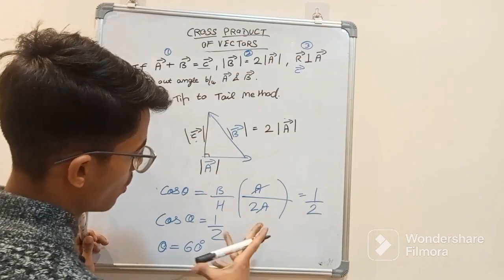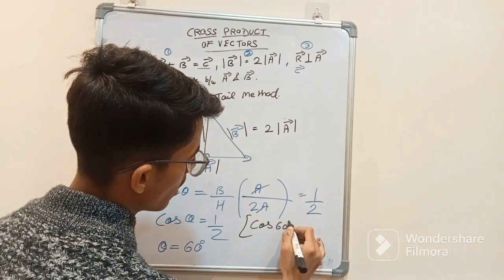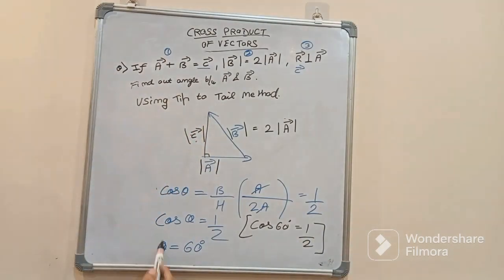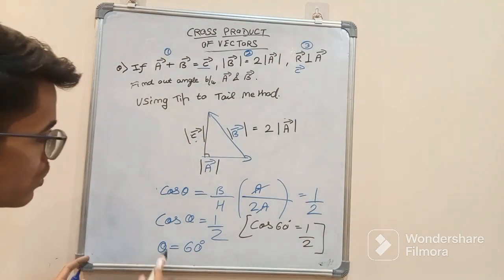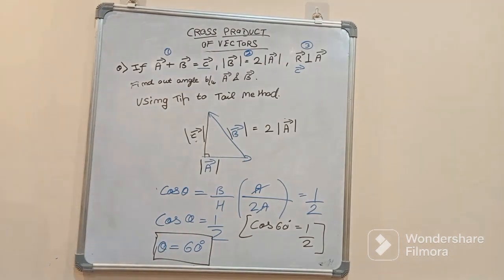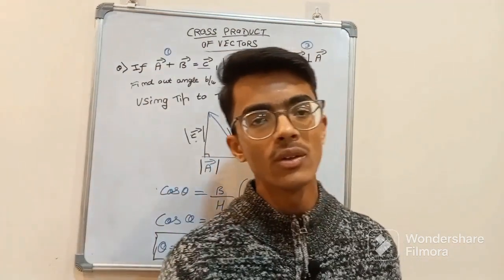We know the value of cos 60 degree, that is 1 by 2. So here we have cos theta is equal to 1 upon 2, so we are left with theta is equal to 60 degrees. So that's all for today, hope you like the video, thanks for watching.